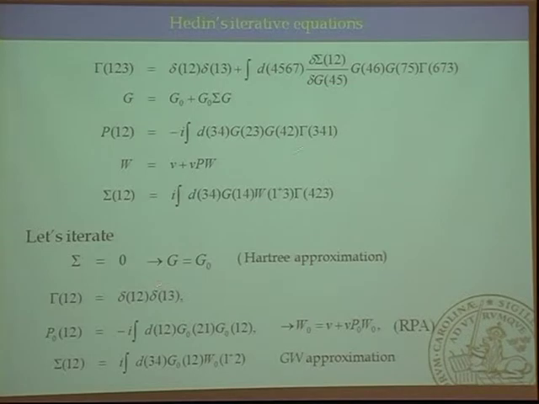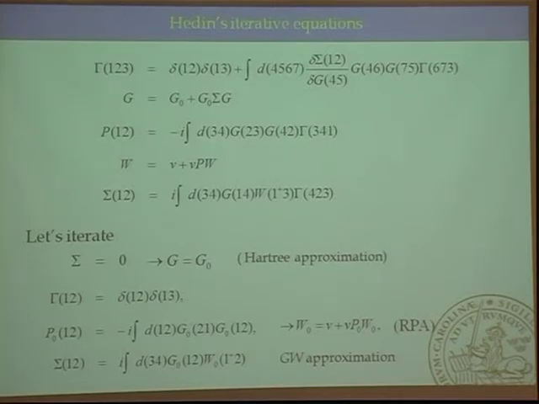So then we just end up with the products of delta functions, and we can calculate the polarizations. And then this gives us the RPA equations for the screened interaction. And if we use the same vertex here, then we get the GW approximation. So that's how it works.